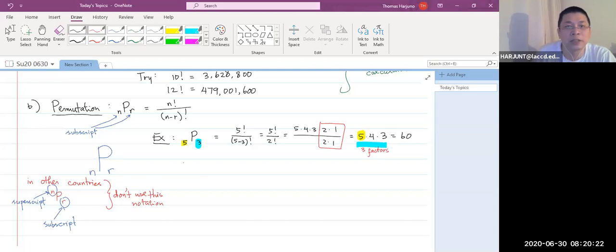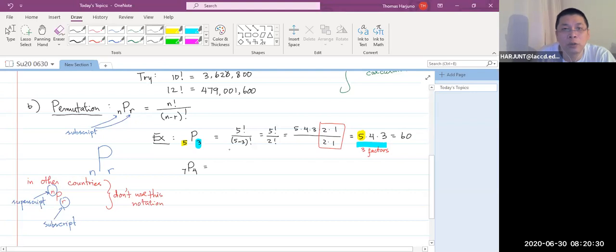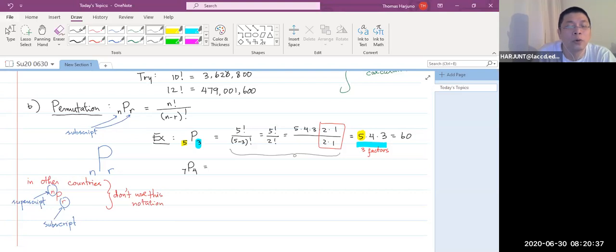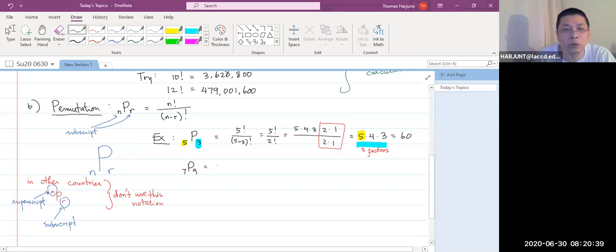So for example, if I have 7 permutes 4, you can do this long way, but I hope you will end up seeing that what you need to compute is starting from 7, going down one by one, up to 4 factors. So 7 times 6 times 5 times 4.